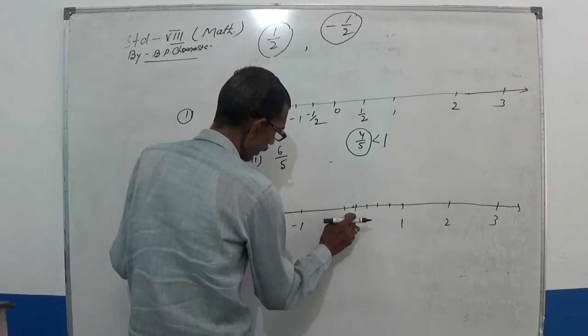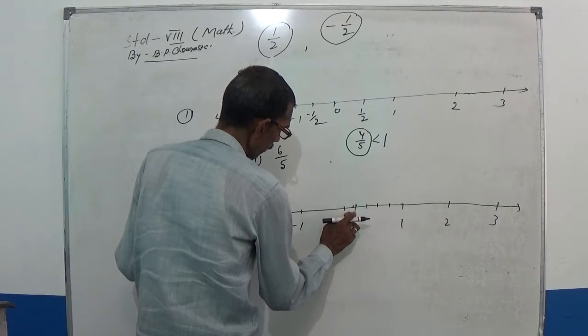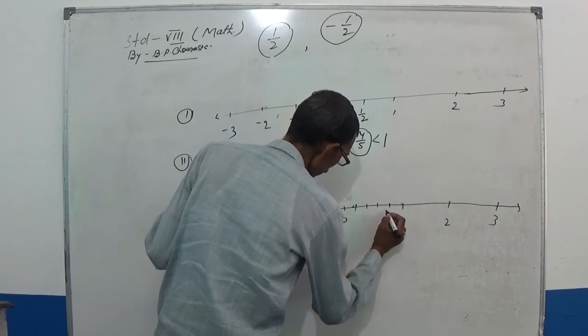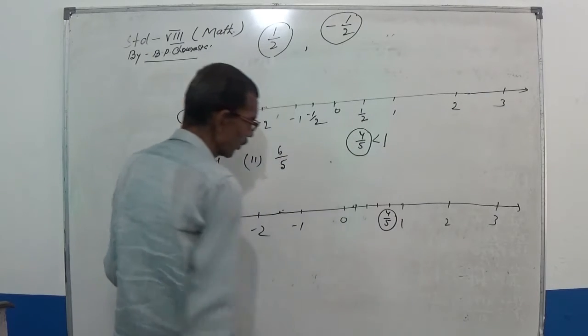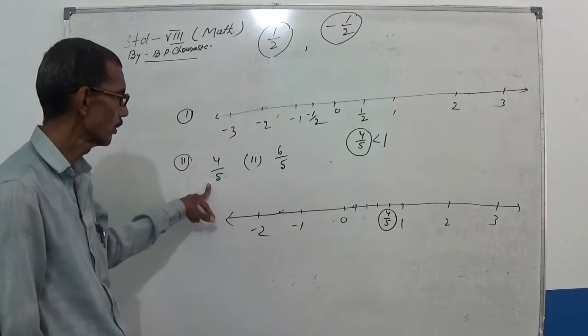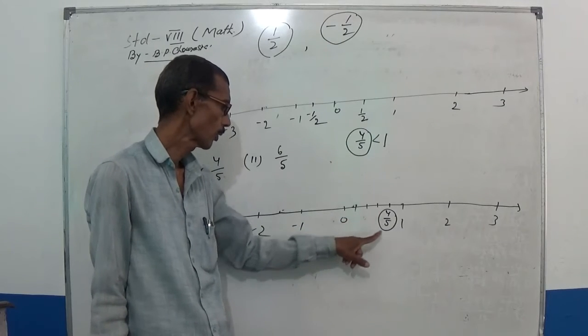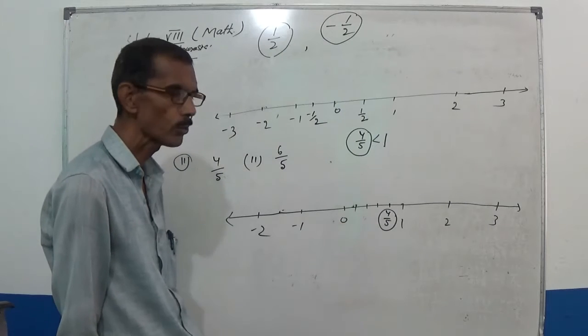So you take, starting from 0, first part, second part, third part, fourth part. This is 4 by 5. The position of 4 by 5 is here, between 0 and 1 on the number line, near to the 1.